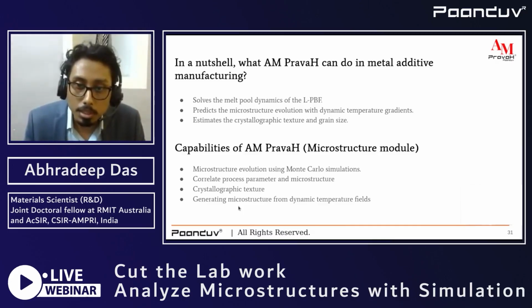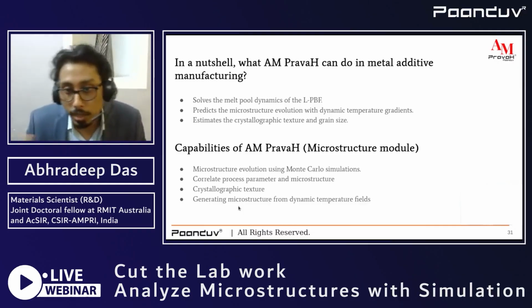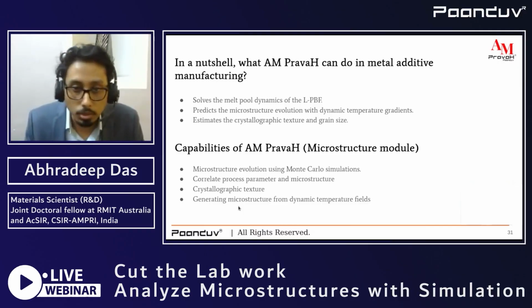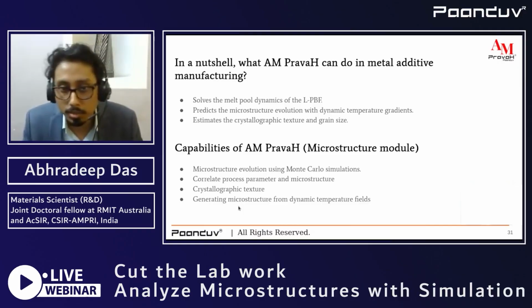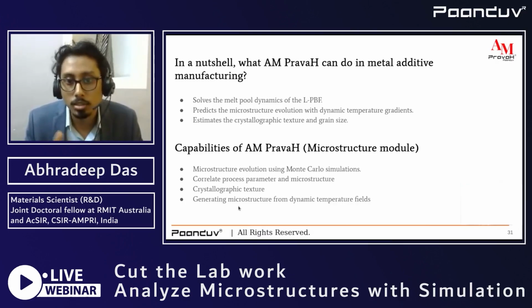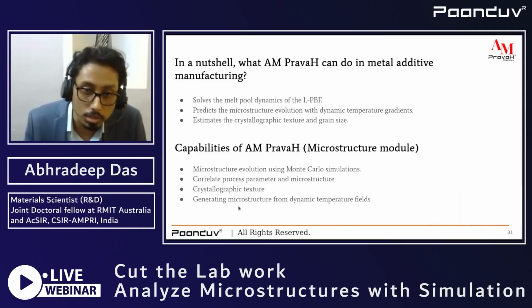Some other capabilities of the AM PravaH microstructure module include microstructure evolution using the Monte Carlo approach, which is a probabilistic model. Unlike other microstructure models like cellular automata, it is not a deterministic one. Therefore, it gives us more clarity towards the probabilistic nature of the heterogeneity observed in additively manufactured microstructures.